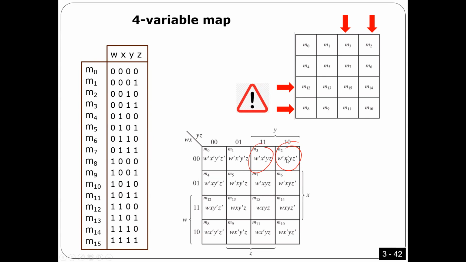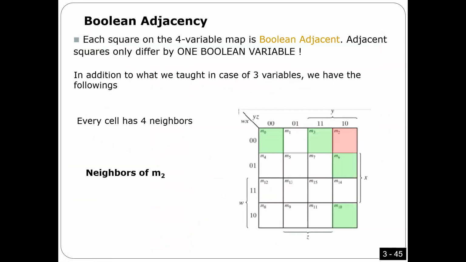So for example, these 2 are neighbors. If you are confused at any time, you can just try to see if there is a change in one variable or not. So here w prime, x prime, y, but here is z and z prime. There is a change in one variable, so they are neighbors. That's what I did before in the case of 2 variables and 3 variables, same thing here.